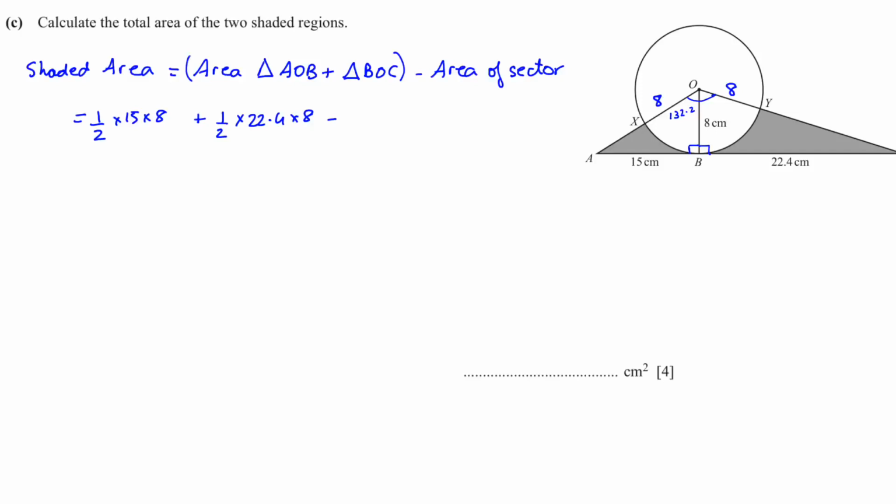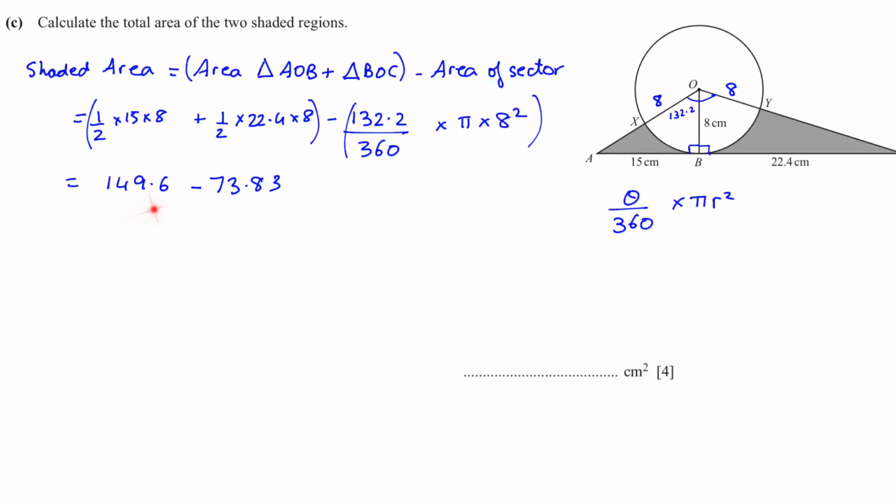To find the area of sector, we use the formula theta over 360 multiplied by pi r square. Our theta is the angle, which is 132.2 divided by 360 multiplied by pi r square, and the r is 8. So this area minus this area.